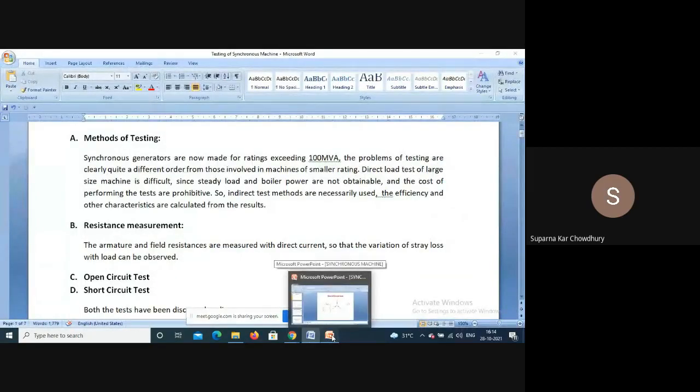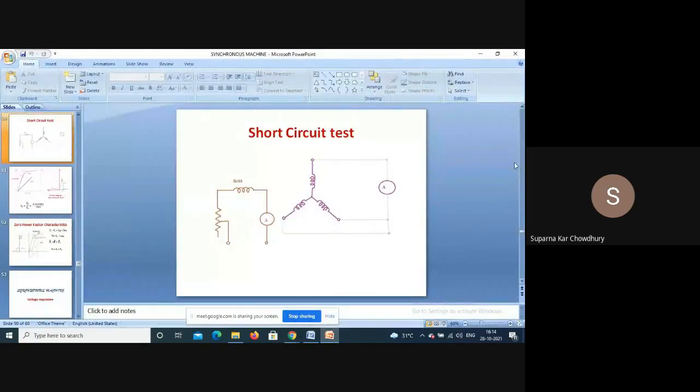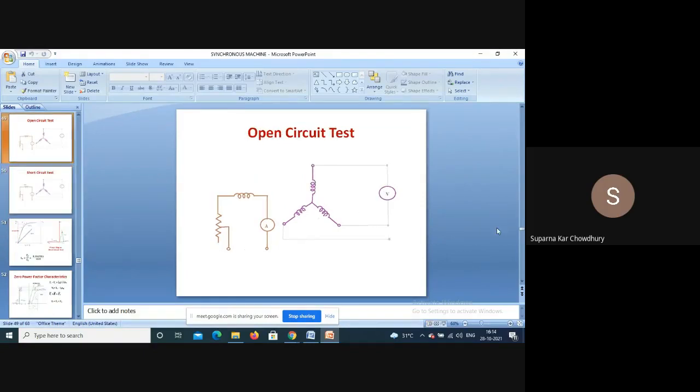Open circuit and short circuit tests we have discussed during the theory portion. Now, this is the open circuit test. Basically, what is done? The machine is run at synchronous speed, the rated speed, and the field excitation is varied, and the open circuit voltage is measured.